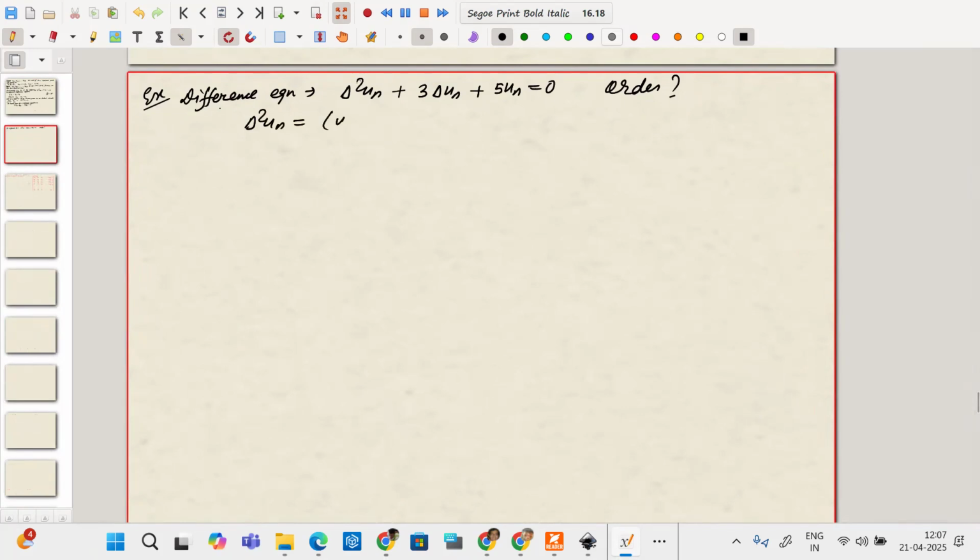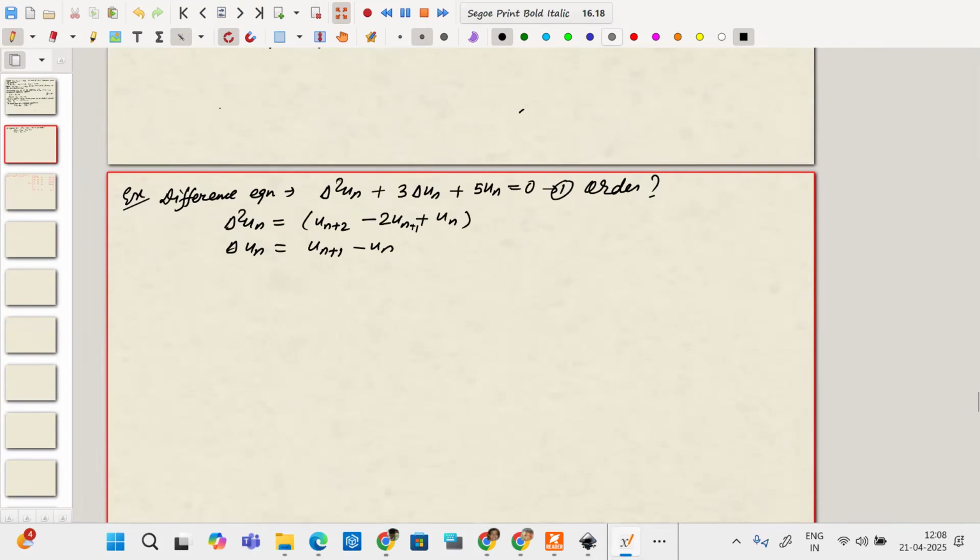Delta squared u(n) is u(n+2) minus 2u(n+1) plus u(n). Agree? And delta u(n) is u(n+1) minus u(n). Can you substitute this into the equation and tell me what final value you are getting?